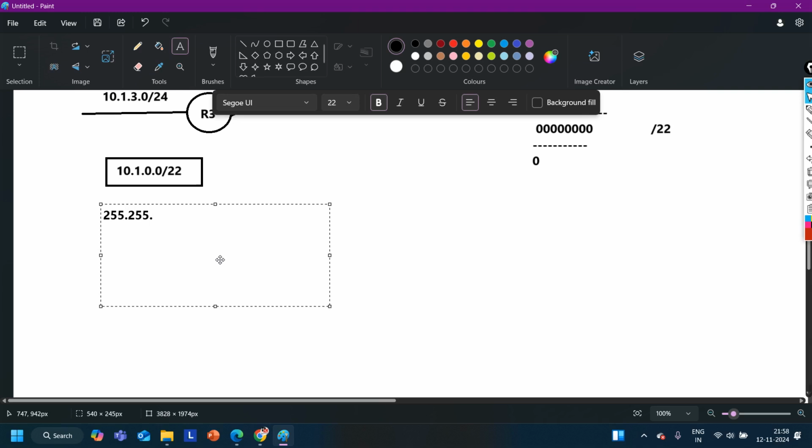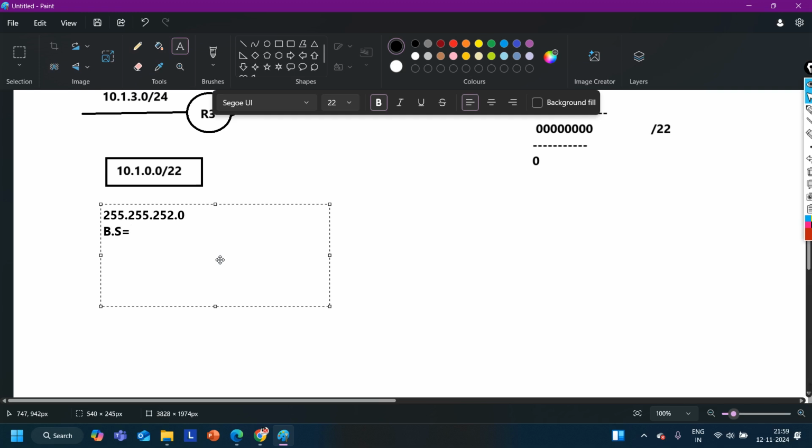No. What will be the subnet mask here? It means 6 bits we have borrowed, so 252.0.